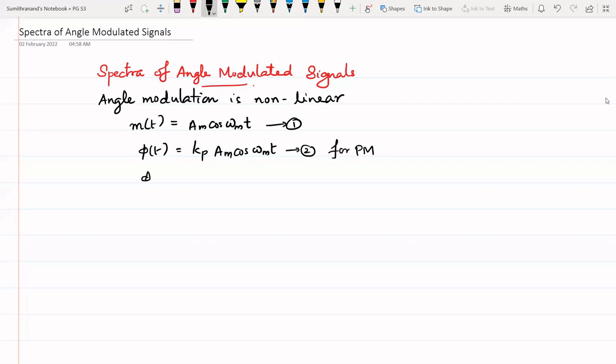And for frequency modulation, phi of t is equal to kf into the integral from minus infinity to t of m of t dt.